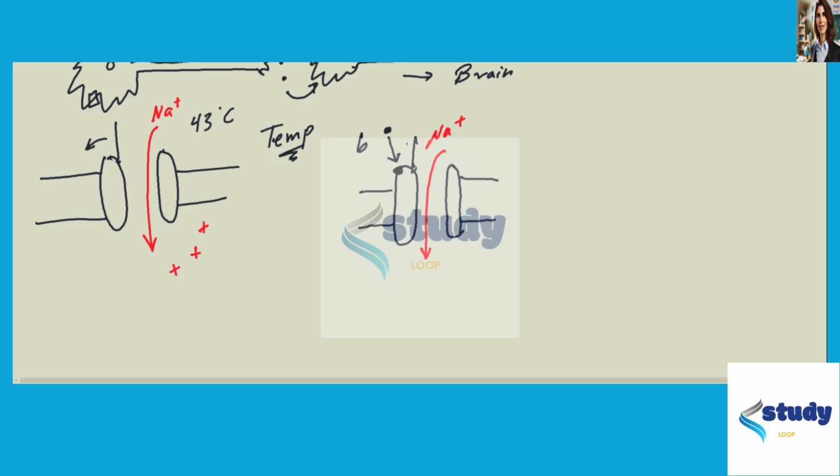This way, because capsaicin is binding to it, it's not completely temperature dependent. It's activating on its own, say, even at a room temperature of approximately 25 degrees C.